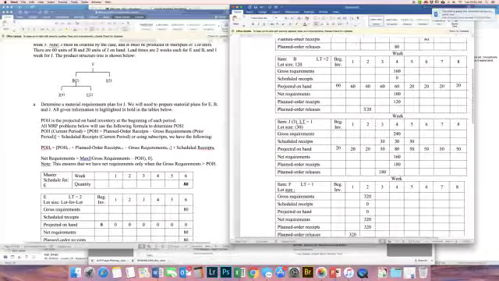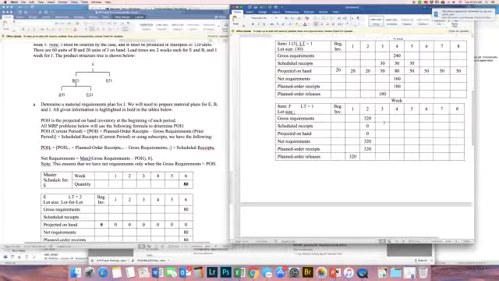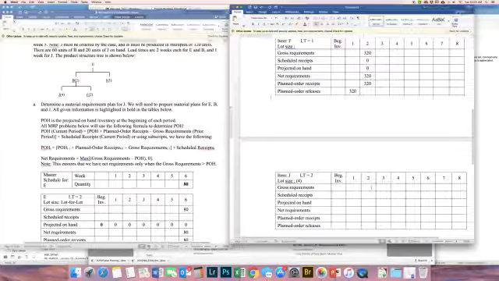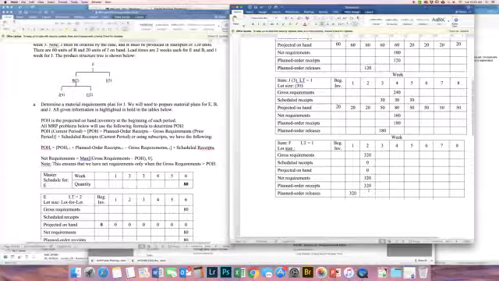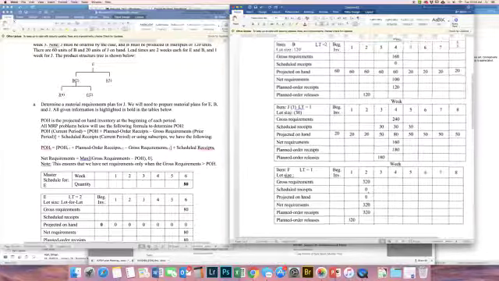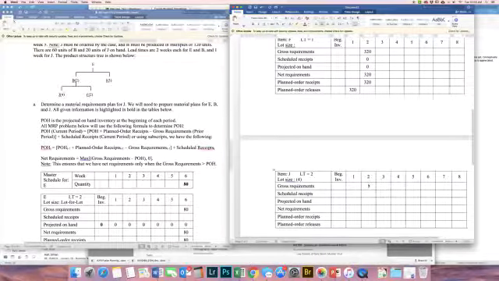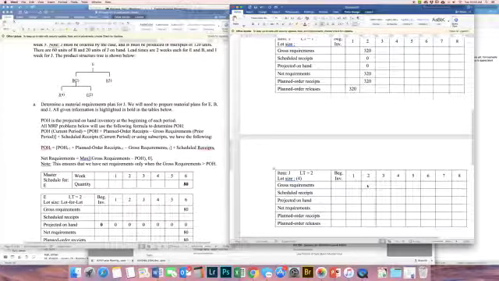So I need 120 because I had 60 on hand. So 480 is what I need, and I need them by week 2. Okay, so 480 is what I need here.